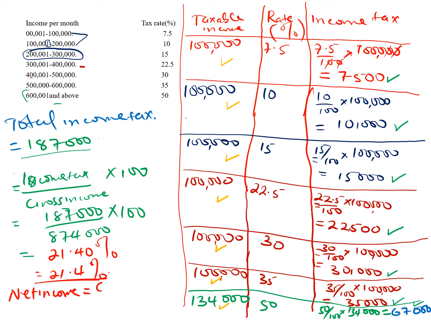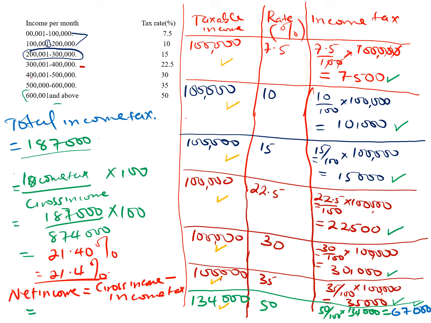Net income is equal to gross income minus income tax. So to get the gross income, we shall come here and we ask ourselves, the income tax or the money paid as tax does not appear on our account. So what will not appear will be deducted from our gross income.